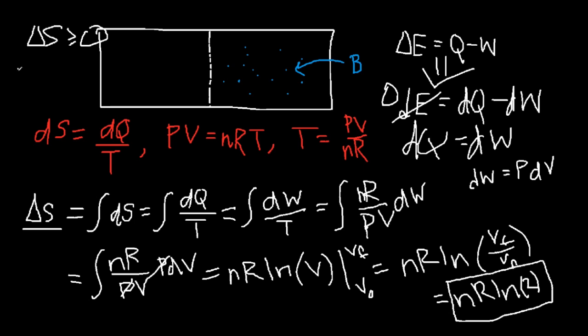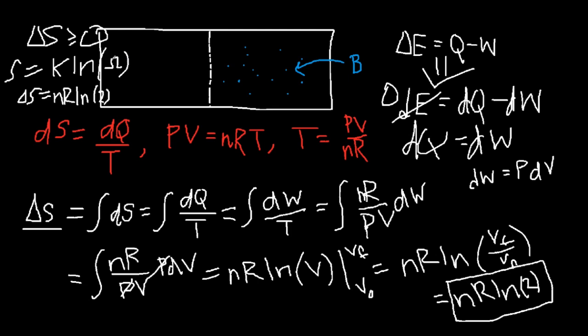But we might want to ask ourselves, what's the associated change in the number of our microstates, omega? We have to go back to the definition of what a microstate even is. Entropy is defined as the Boltzmann constant times ln of omega. Our change in entropy is again going to be nR times the natural logarithm of 2 for our adiabatic expansion.